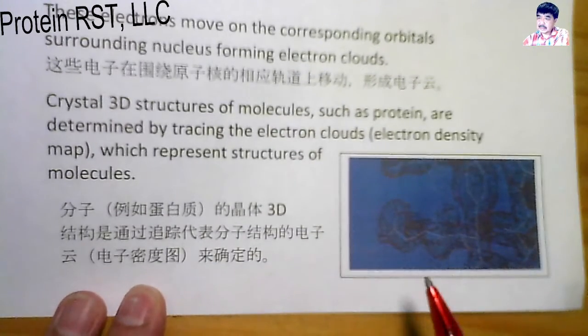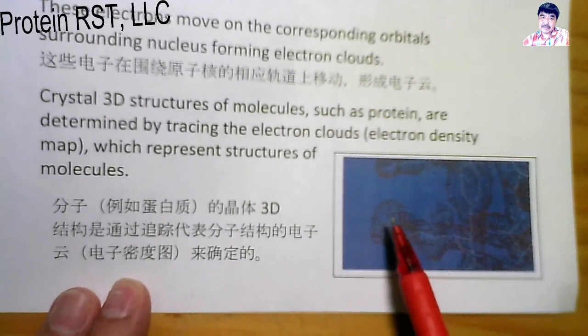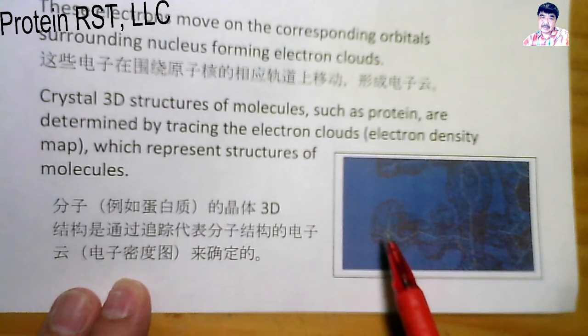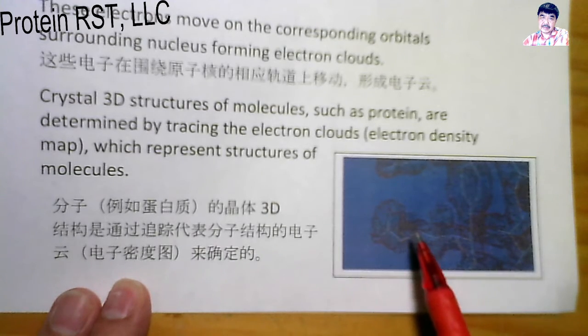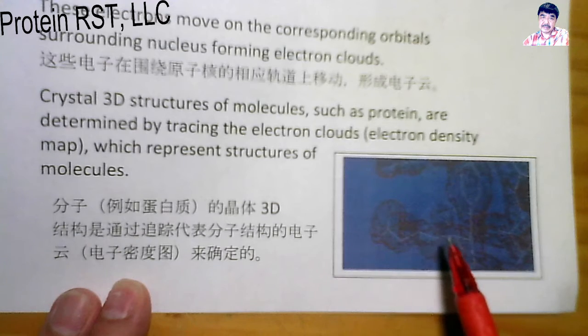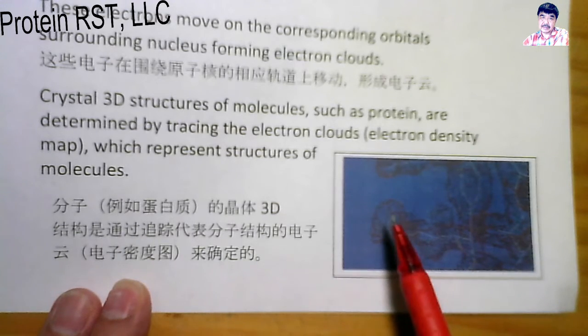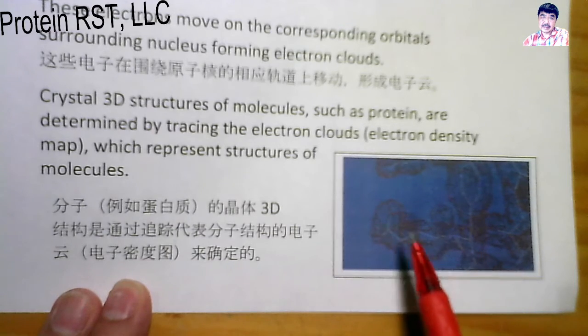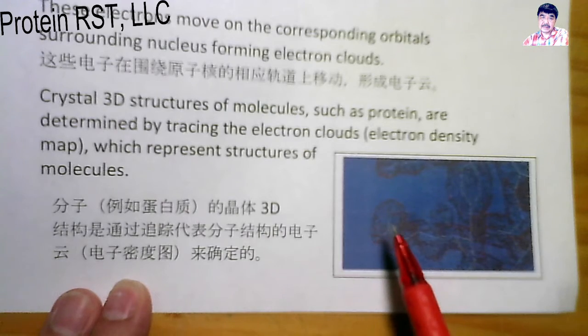And you can see this is the electron map here. Then these are the chemical residues, amino acid residues, fed into this electron density map. First, they calculate this density map, then fit in different compound molecules using the shape.